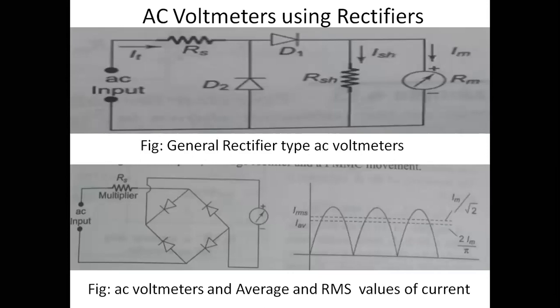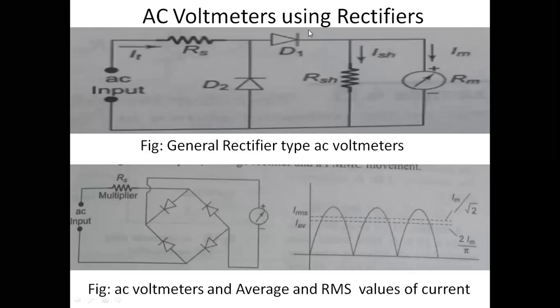In the previous class we have seen AC voltmeters using rectifiers. Already we have seen the D1 and D2 diodes connected for the basic meter, because the AC input is converted to DC output voltage.